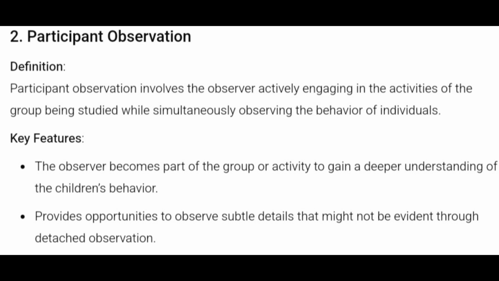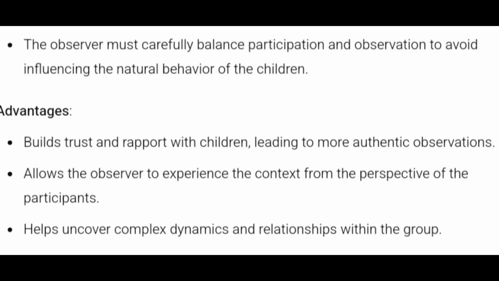Provides opportunities to observe subtle details that might not be evident through detached observation. So here the teacher or the observer can find out some details which are very, very important, crucial, and which might have been hidden in the natural setting or in other methods of observation, right? The observer must carefully balance participation and observation to avoid influencing the natural behavior of the children.